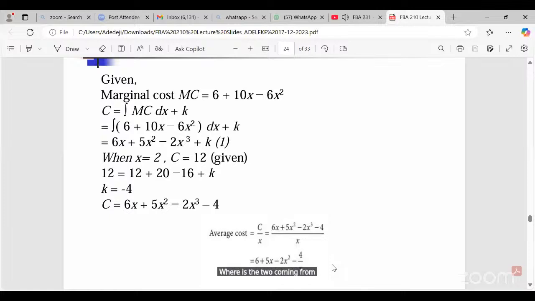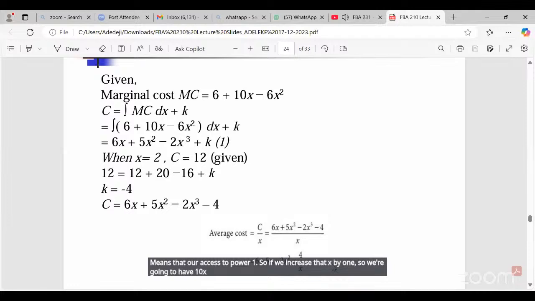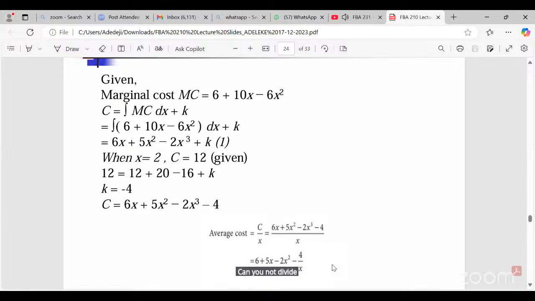Remember that 10x means that our x is to power 1. So if we increase that x power by 1, we're going to have 10x to power 1 plus 1, then you divide by that 1 plus 1. So that is how we arrived at 5x squared.